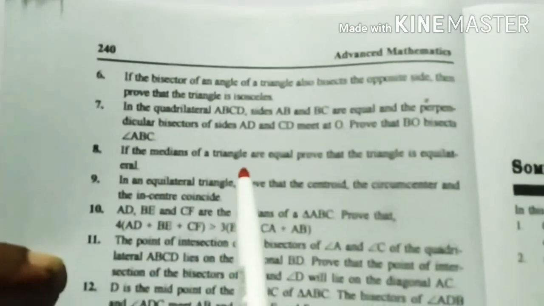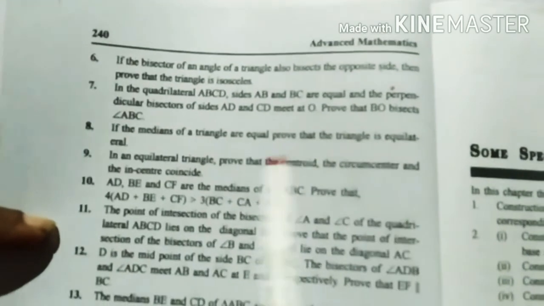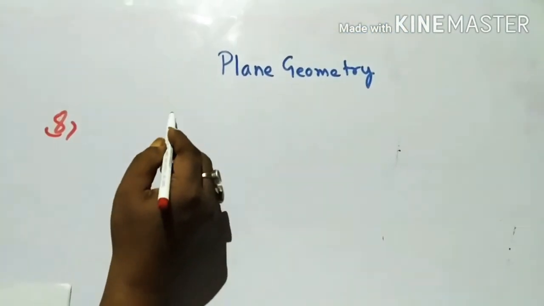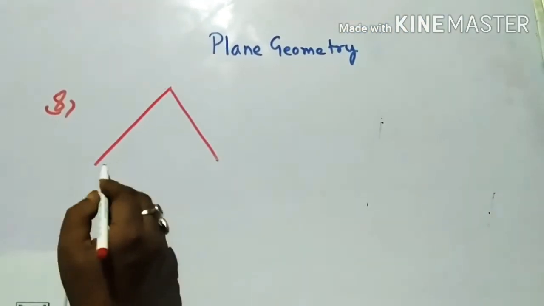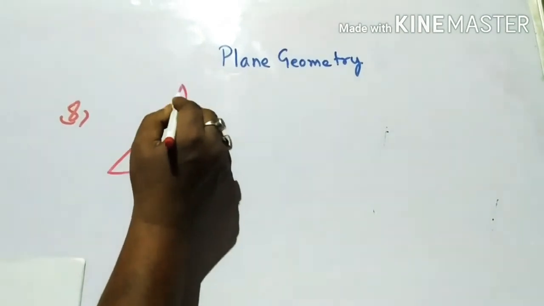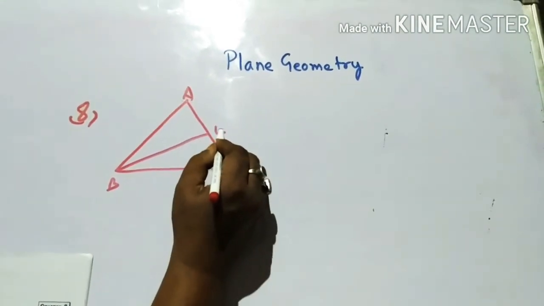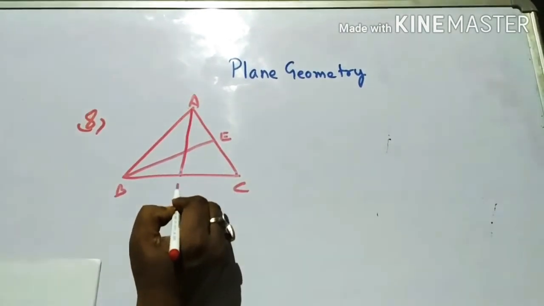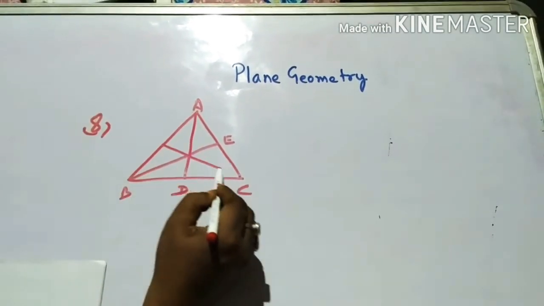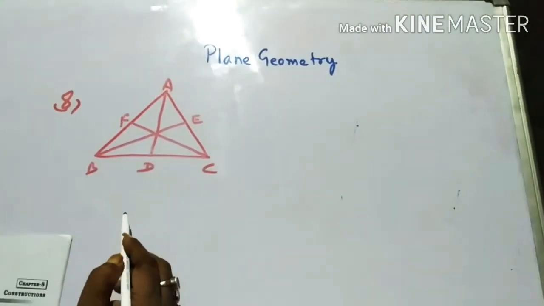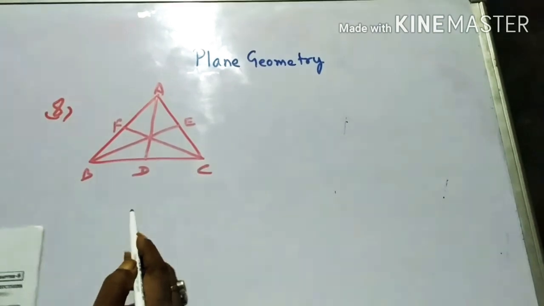Question number 8. If the medians of a triangle are equal, prove that the triangle is equilateral. Medians AD, BE and CF of triangle ABC are equal, then we have to prove that this is an equilateral triangle.